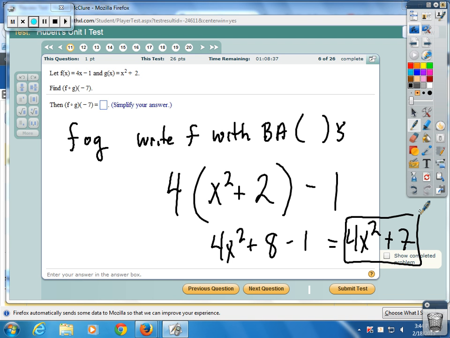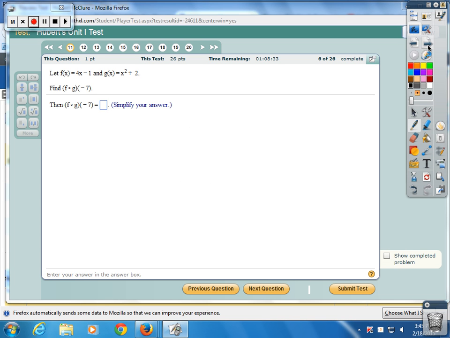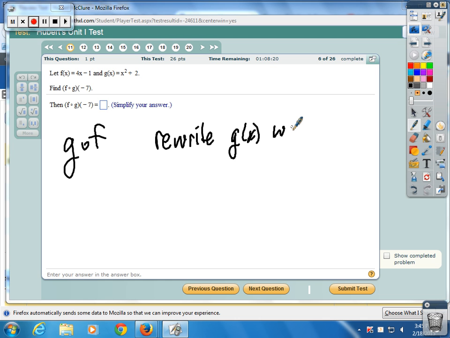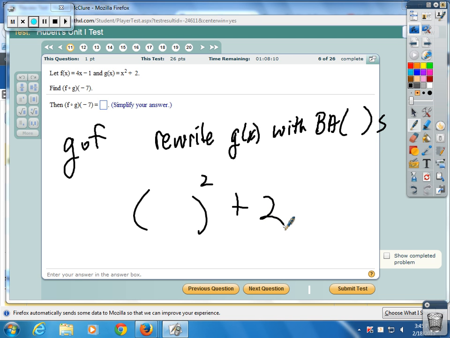What would G composed of F be? G composed of F means that you're going to rewrite G of x with big parentheses: parentheses squared plus 2, and what goes in here? 4x minus 1.